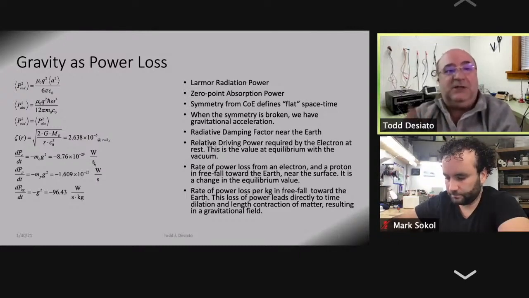And that leads to time dilation and length contraction. The proton would be slightly slower, faster. And the good news is that regardless of that 4.5 billion Teslas, a 1 kilogram is losing about 100 watts a second. So that's not an unreasonable number, 100 watts per kilogram per second.